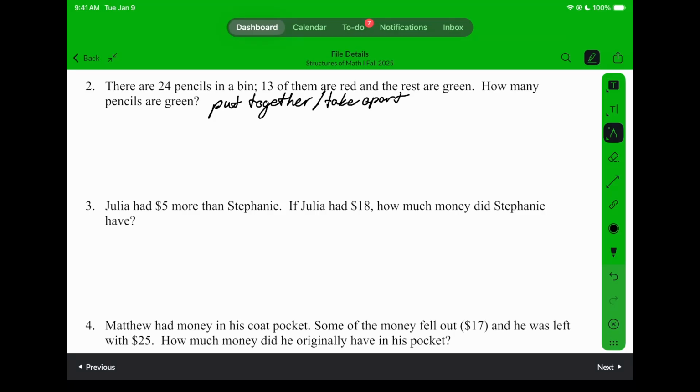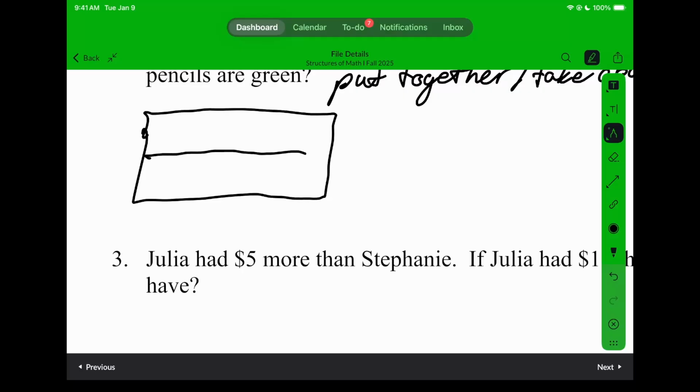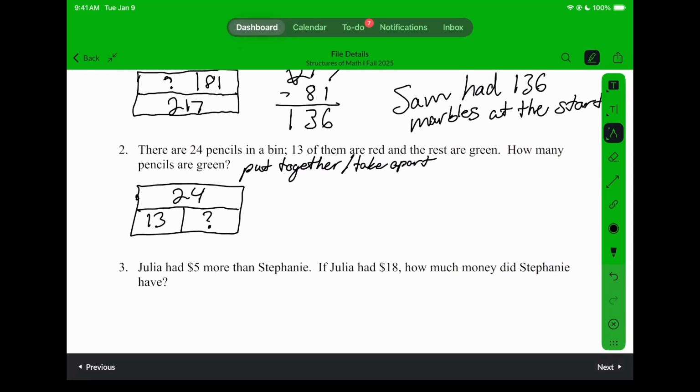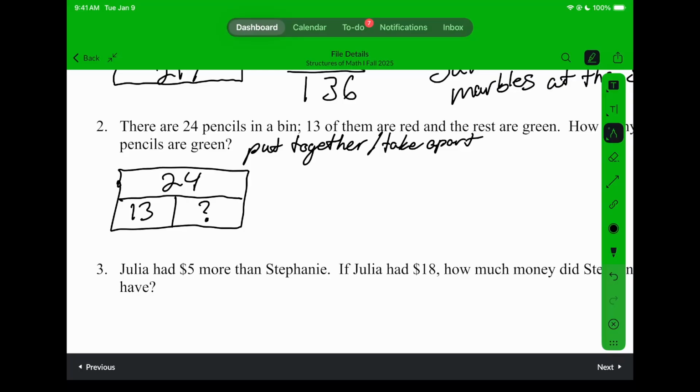So then we have to draw our strip diagram to show what's happening. We have 24. 13 are red. The rest are green. We're finding the green. That's what the question mark is saying. From here, just solve it. So we can do 24 minus 13 is 11.